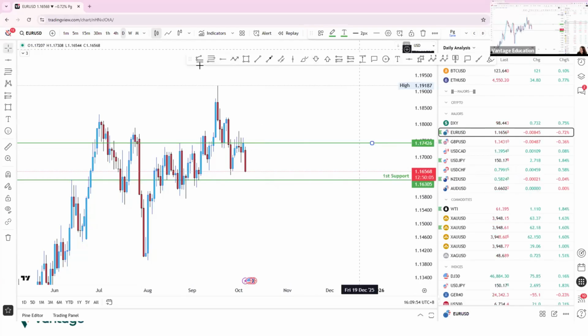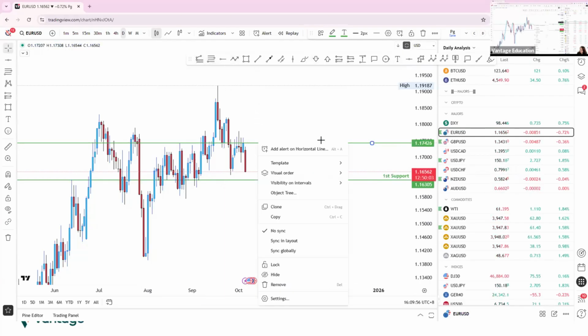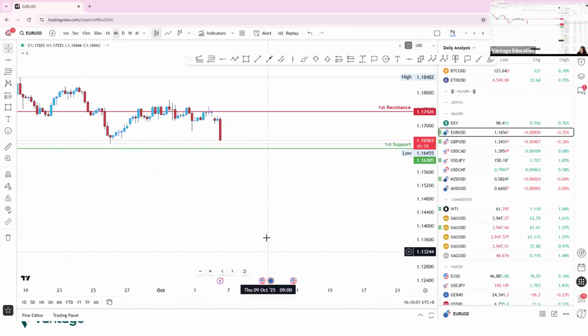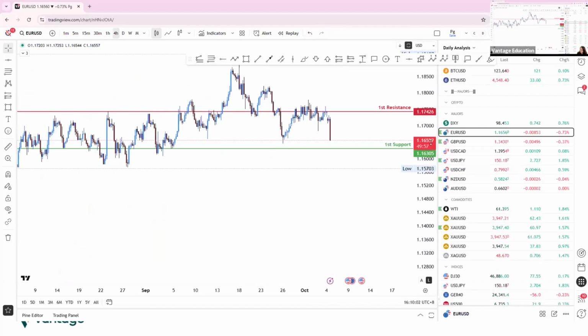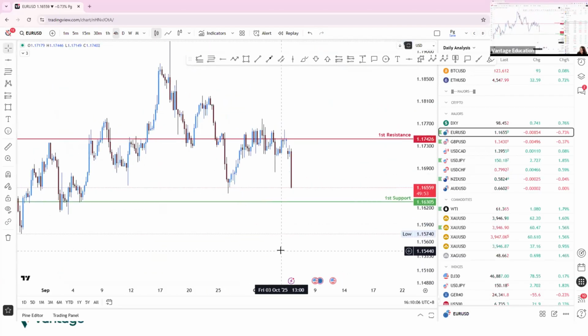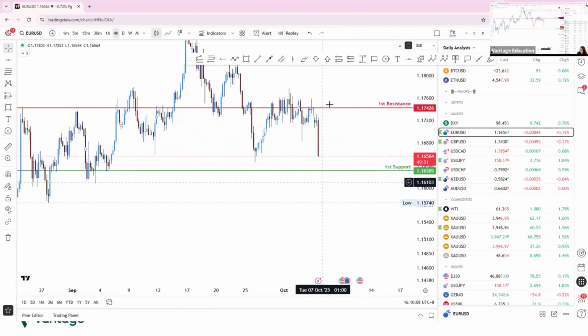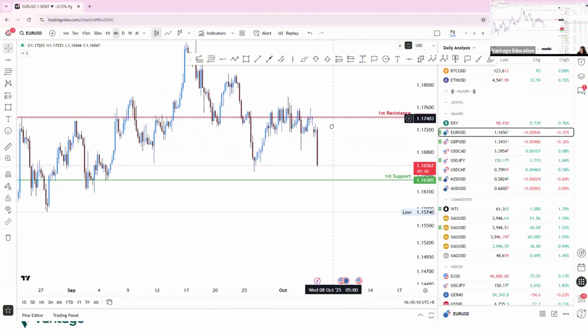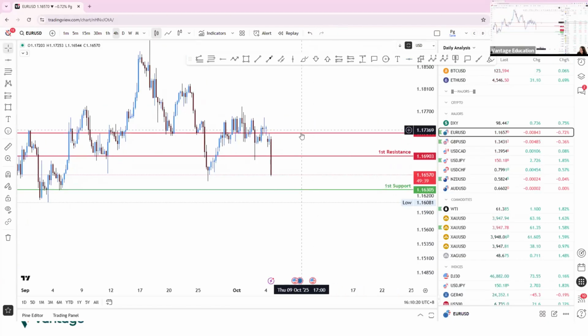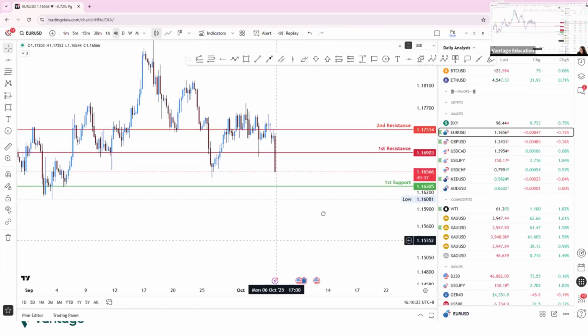This one was at the resistance. Maybe zoom to H4. In the H4 time frame, this is a very nice overlap. I would say this is the first resistance. There's a gap there. This is the second resistance.